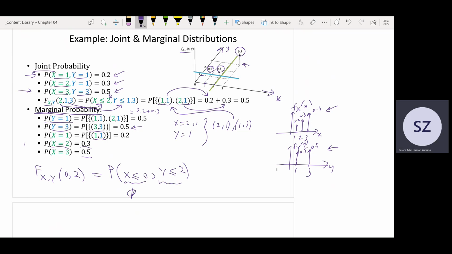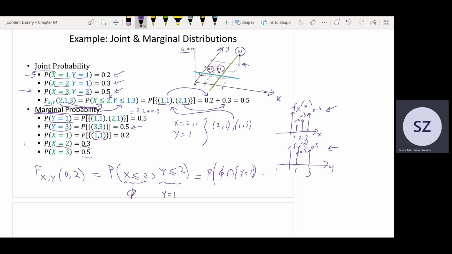While for y less than or equal to 2, what is the corresponding event? y equal 1. So it's possible in the y-axis, but it's impossible in the x-axis. So this is equal to the probability of the empty set intersect y equal 1, right?